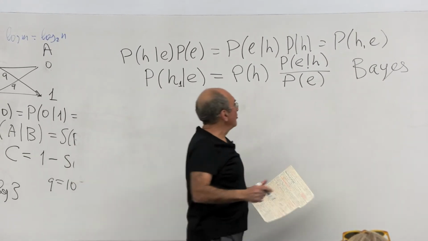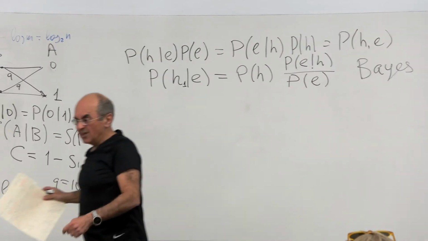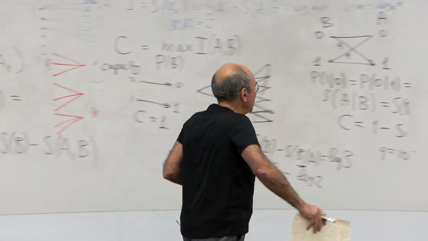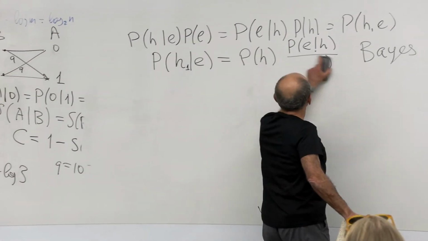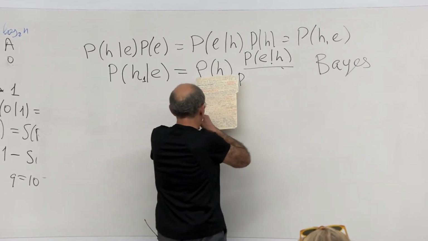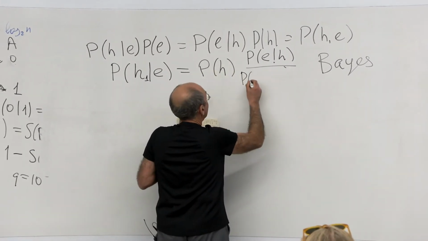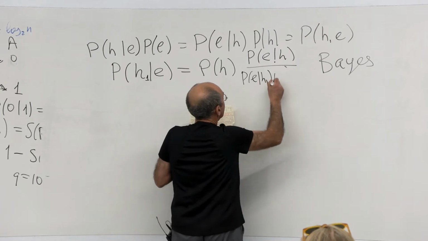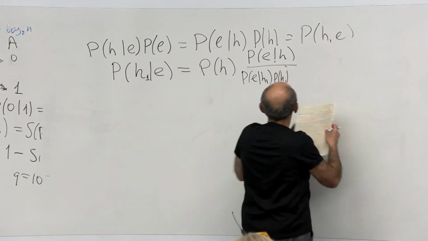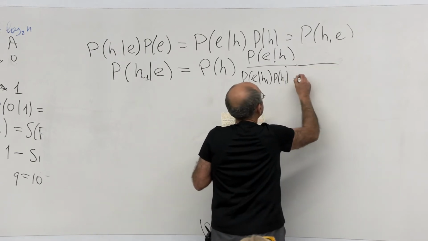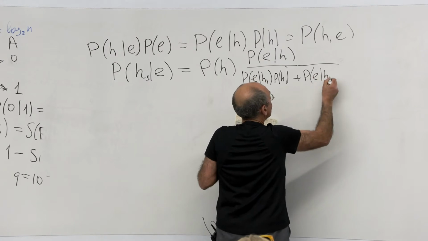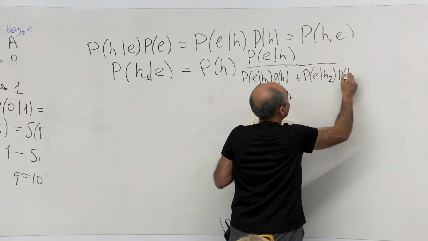Then there are only two possibilities, and in the denominator what I would have is the following: P of E under H1, probability of H1, plus P of E under H2, probability of H2.